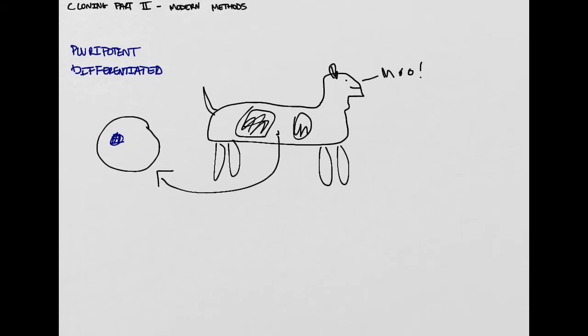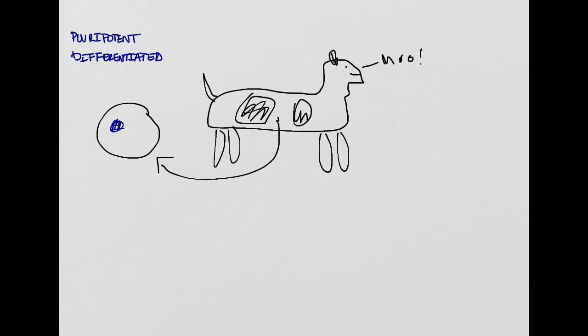The guy who first figured out how to do this, the head of the lab that cloned the first mammal, was Ian Wilmot. Ian Wilmot was the principal investigator at a lab at the Roslin Institute in Scotland.